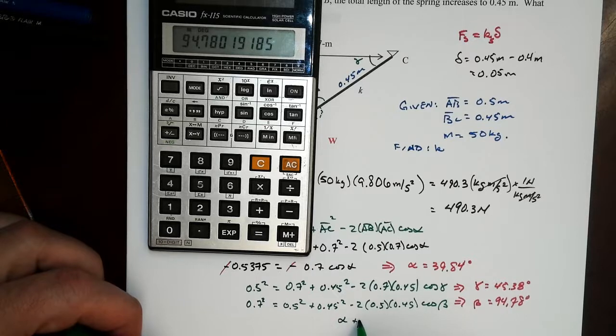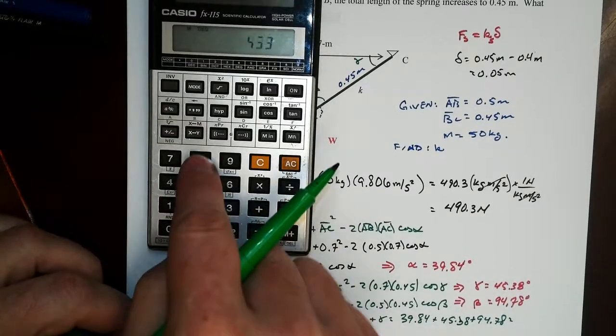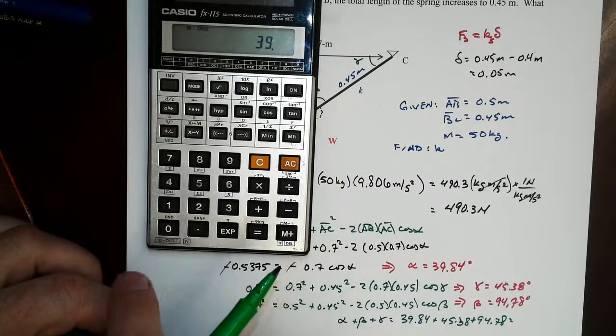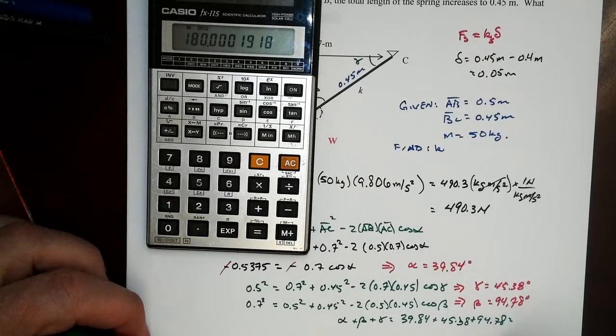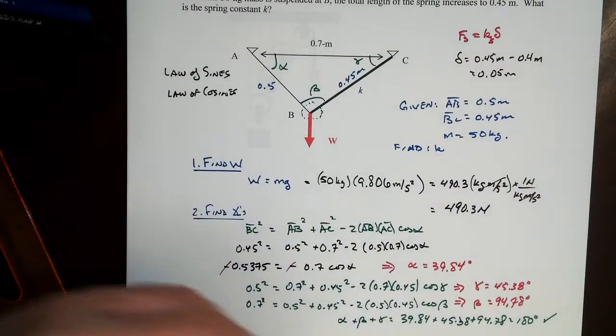Alpha plus beta plus gamma would equal 39.84 plus 45.38 plus 94.78, and that would be 180 and change, which is exactly what it's supposed to be. So we got those angles correct. All right.